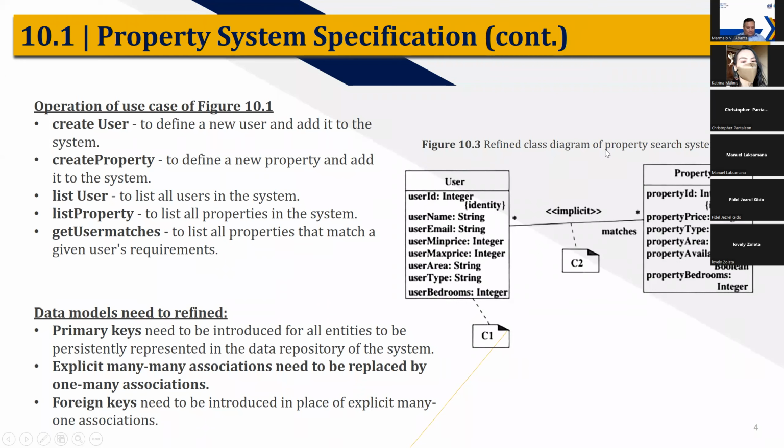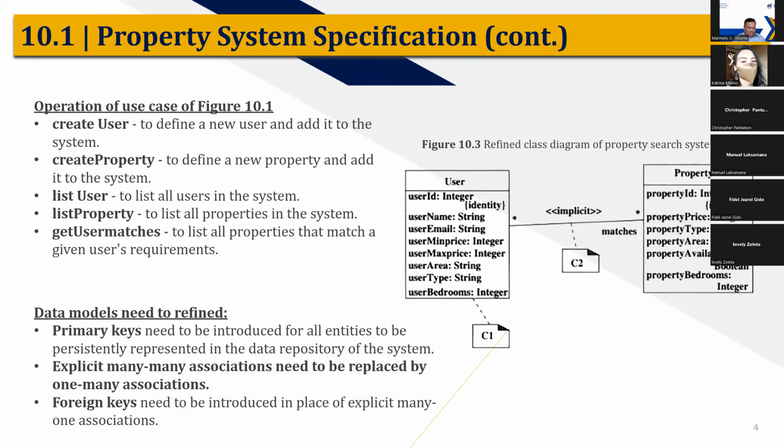But of course, digging deeper in the search, like inputting townhomes structures or single attached, single detached, it will further trim down the search criteria that the users will try to achieve and suffice. The data models needed to refine in this property system specification should be refined.